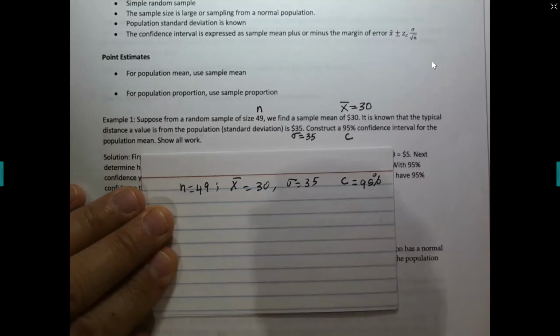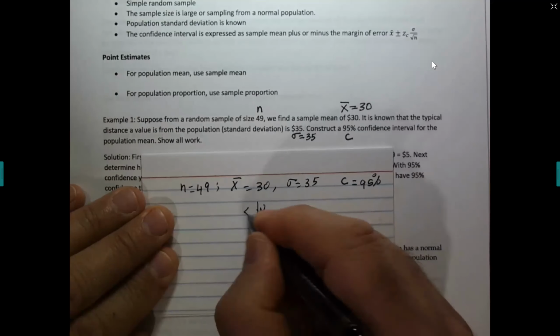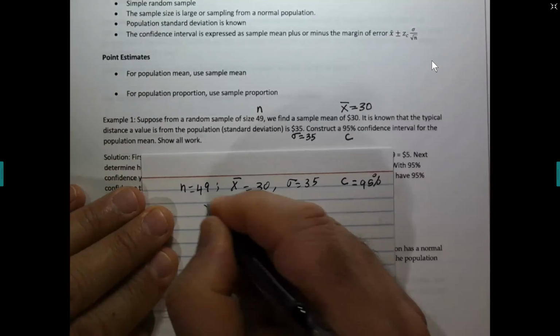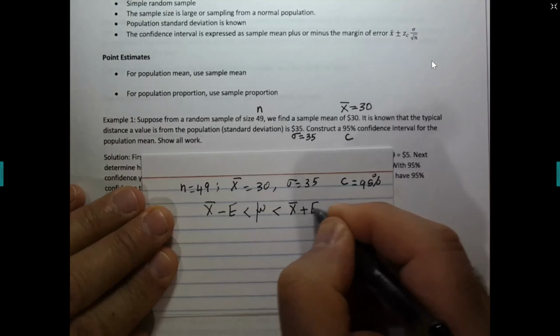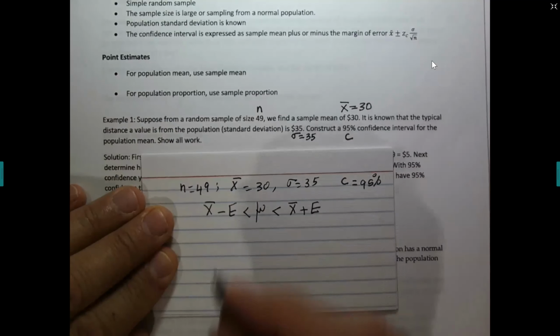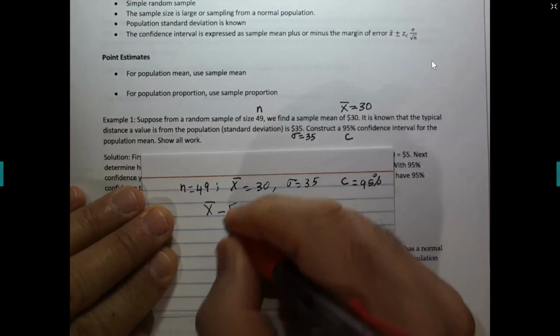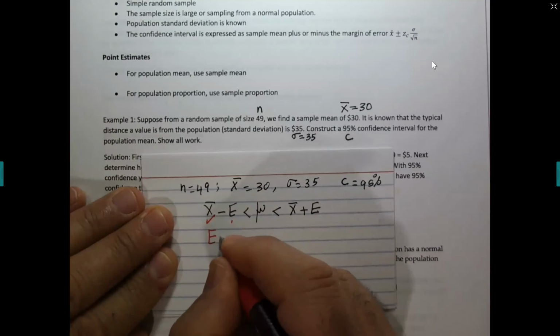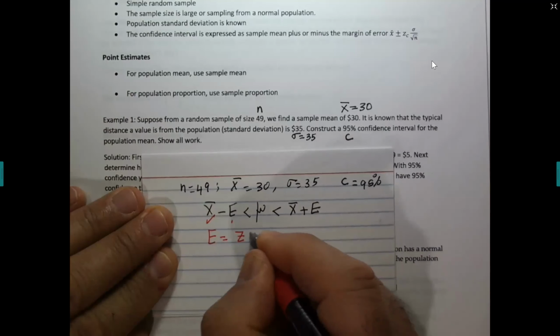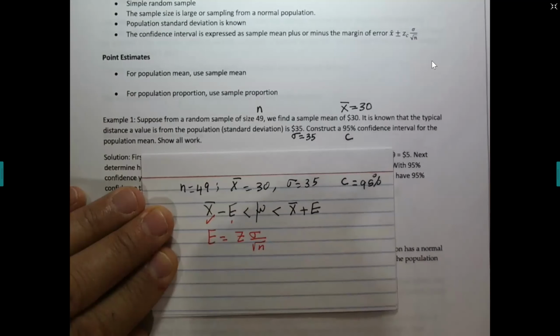I told you earlier that the interval is X bar minus E and X bar plus E. This is given, guys. All I need to show you is how to find E. And E, guys, has this formula that I came up with, if you remember, a few minutes ago.